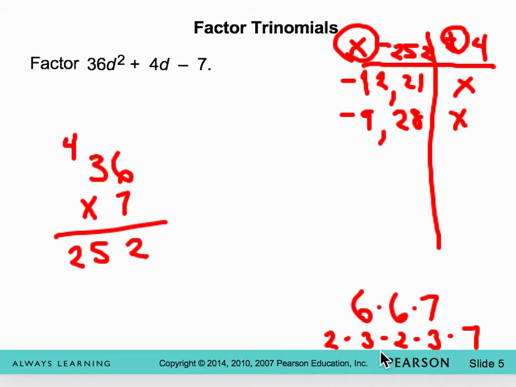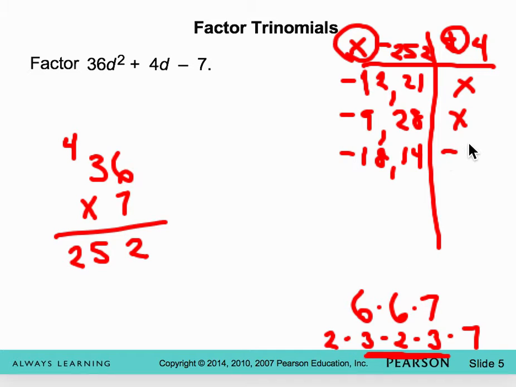Okay, so let's try. We've done 12 and 21. Let's try these 3 times 2, so 18 and 14, right? I grouped these together to get 18, 3 times 2 times 3, and then that leaves 14.